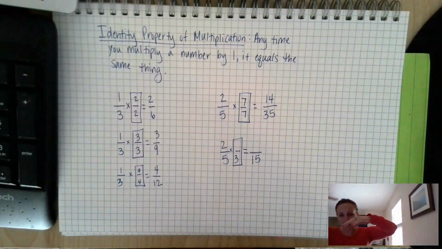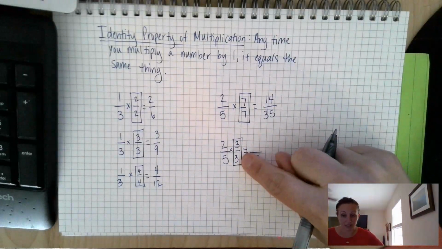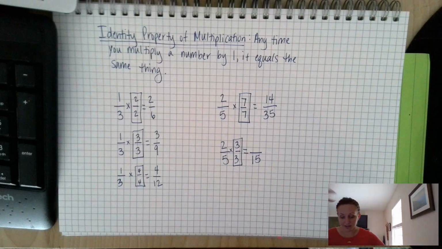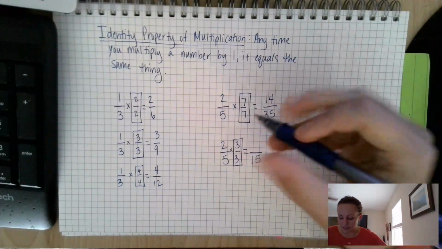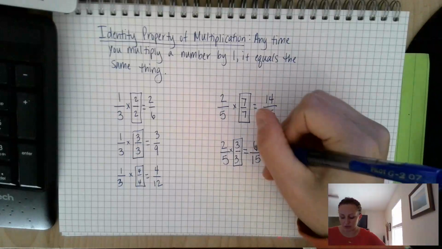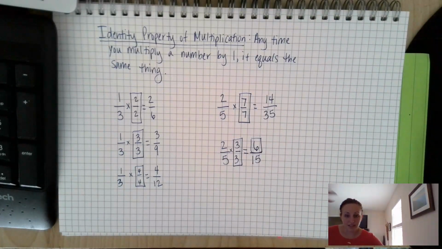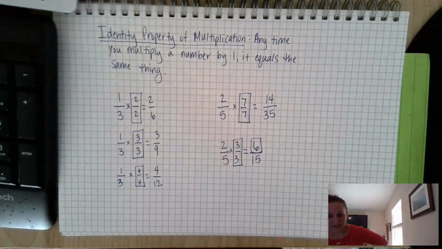What I do to the bottom, I do to the top, because 3/3 is the same thing as 1. 2 times 3 is 6, so I know that the 6 would go there. So I know 2/5 is the same thing as 6/15.